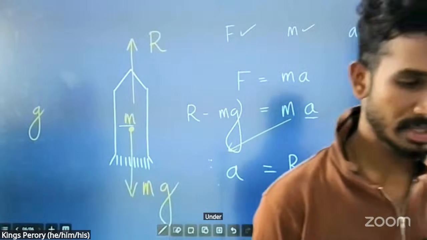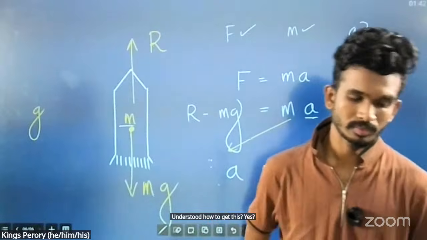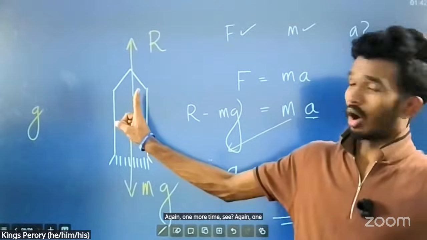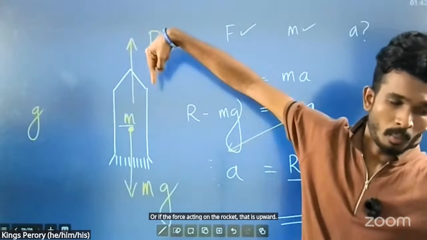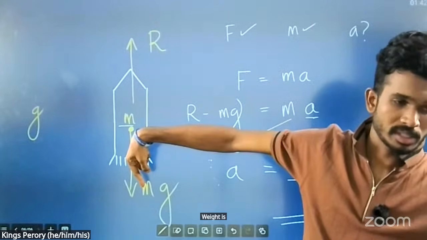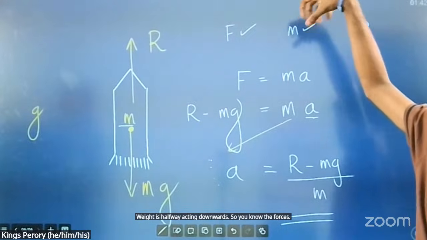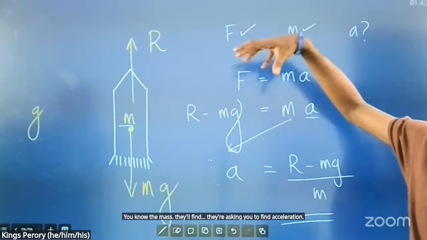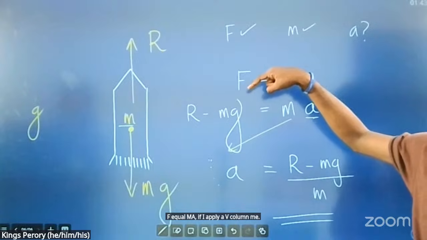Understood how to get this? Yes. Again, one more time, see. The force acting on the rocket, that is upward. Weight is acting downwards. So you know the forces, you know the mass. They are asking you to find acceleration. F equal ma. What are the forces acting?